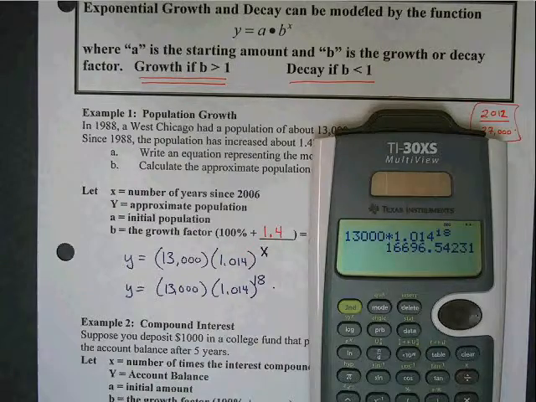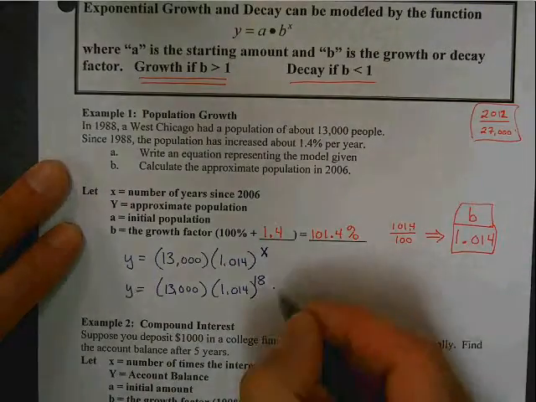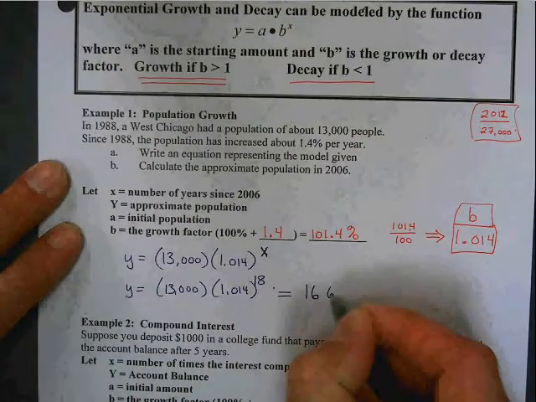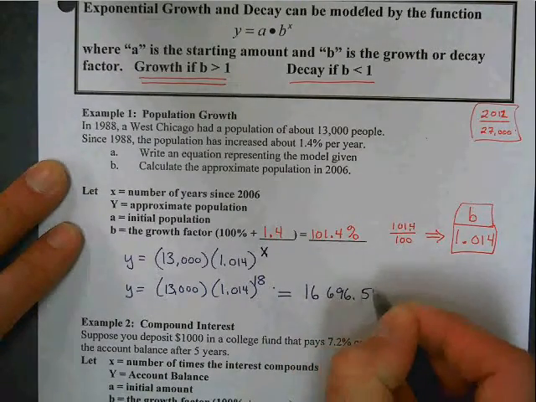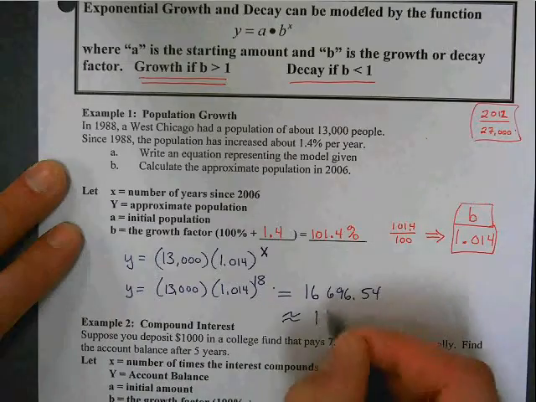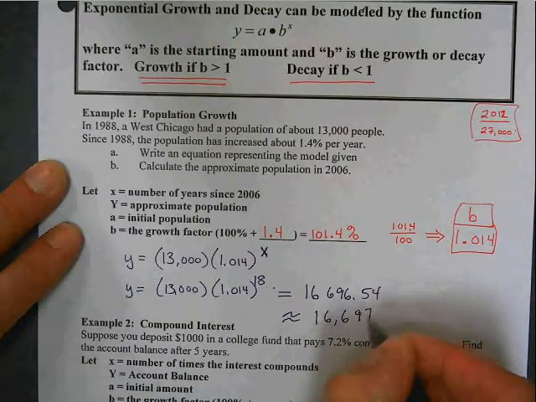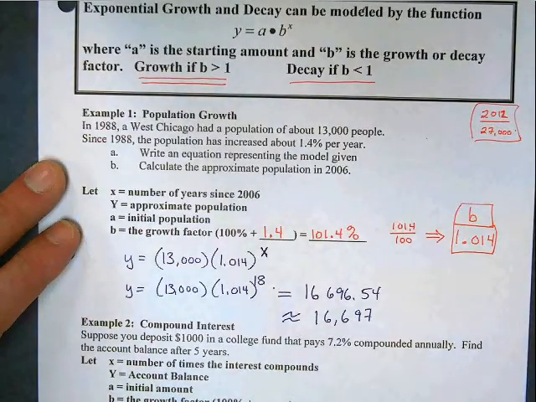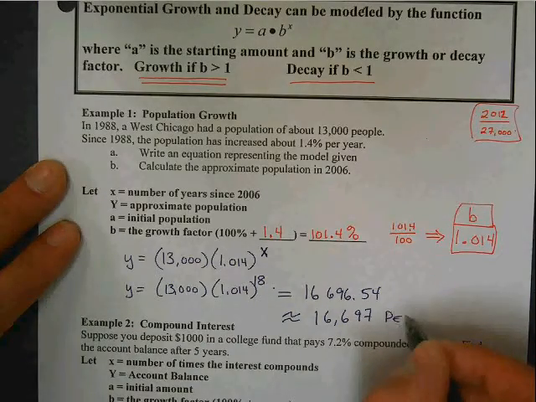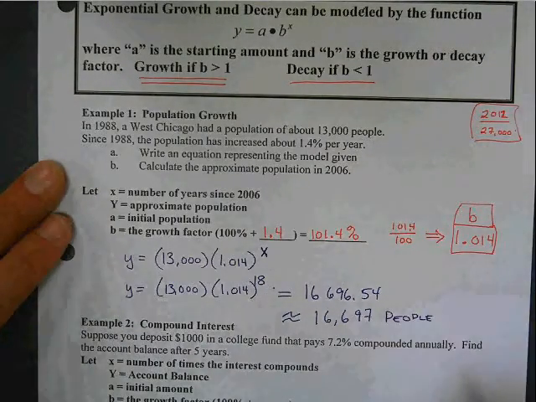Talking chickens or whatever. So here, I've got exactly 16,696.54, so approximately 16,697. And maybe we should say people. Always want to put a label on there.